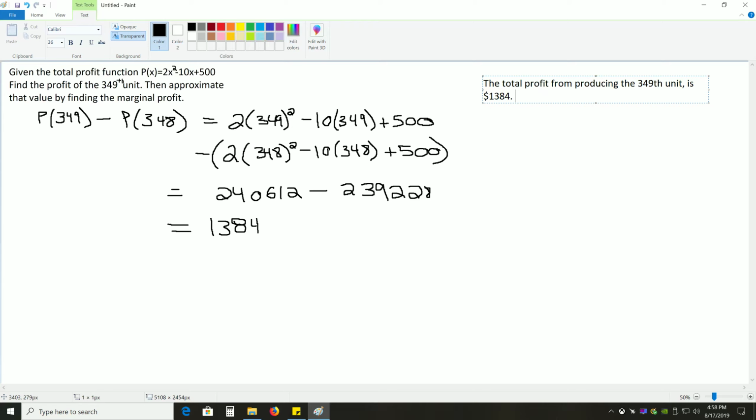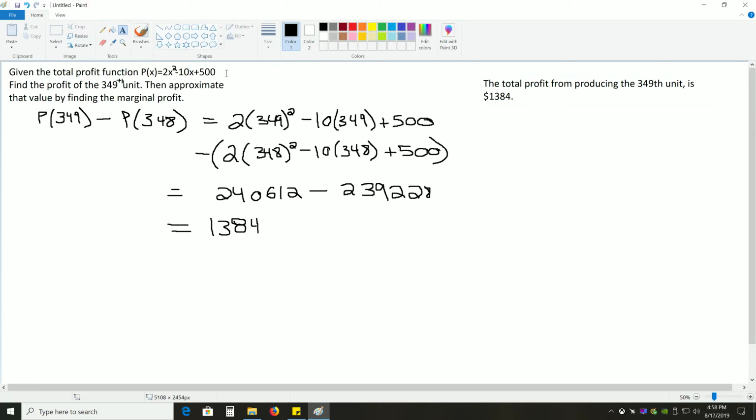So the total profit from producing the 349th unit is this 1,384, and we use dollars as the amount. And then we would just circle this. So that's the first part of our answer.